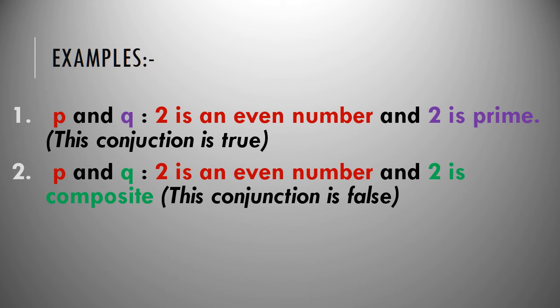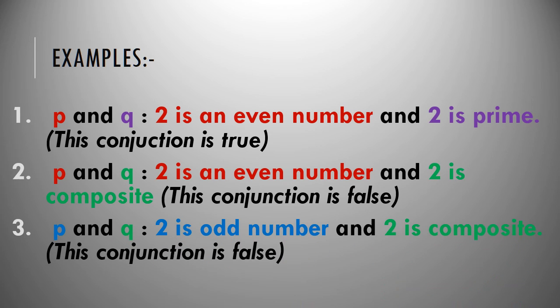So when both are true, the resultant statement is true. When one of them is true and one of them is false, the resultant statement is false. And when both are false, obviously the resultant statement is false. Now, 2 is an odd number and 2 is composite. This is a false statement.